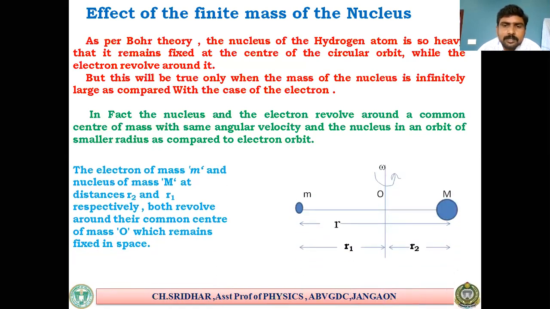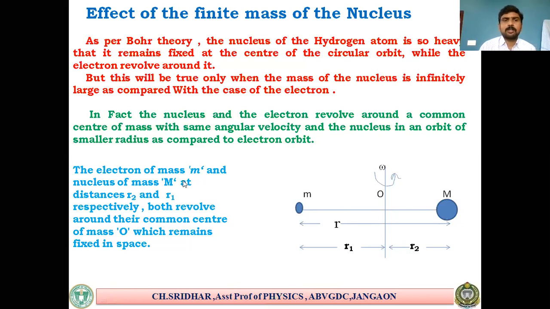So this is the pictorial diagram which explains the center of mass of the nucleus and the electron. Capital M is the mass of the nucleus and small m is the mass of the electron, and they revolve around the common center of mass O. The electron is at a distance of small r1 from the center of mass, and the nucleus is at a distance of small r2 from the center of mass.